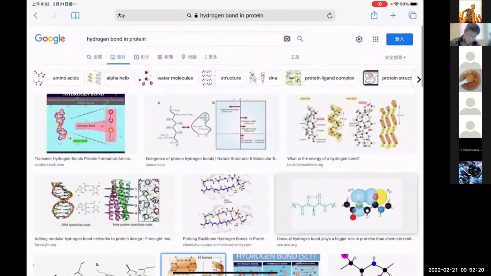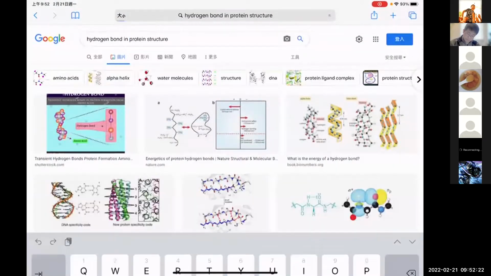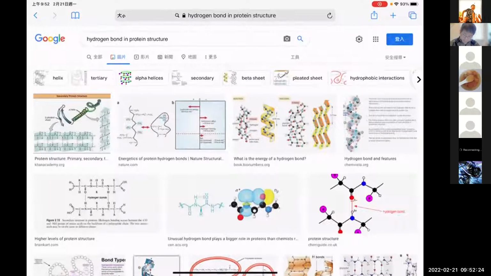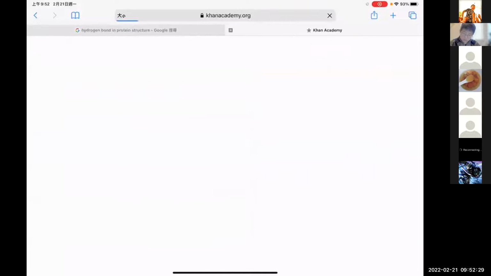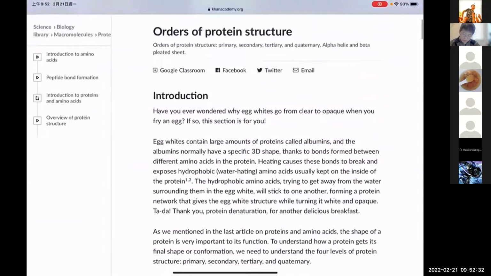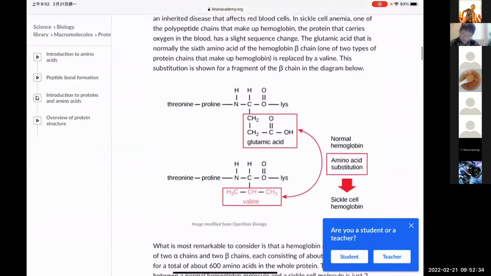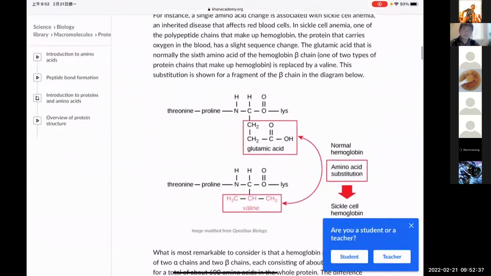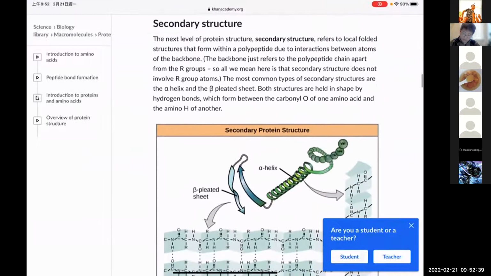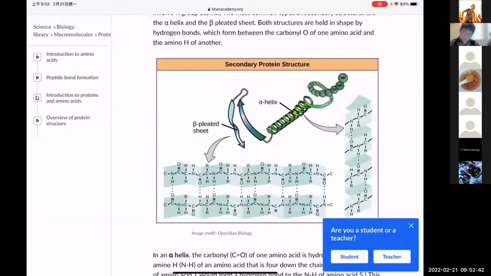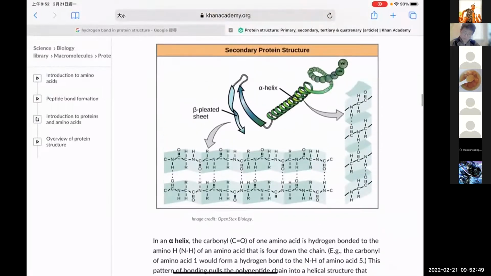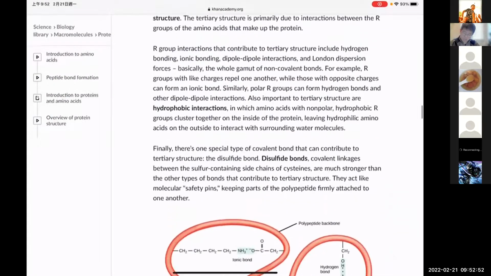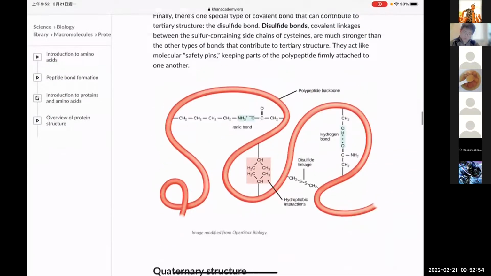So I would like to show you the protein structure. For example, you may see a protein structure like this, right? You may see these two at the same time in the structure: alpha helix, beta sheets, and what is called the tertiary structure.